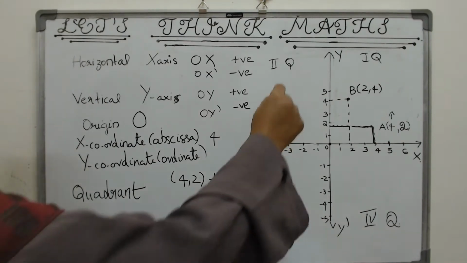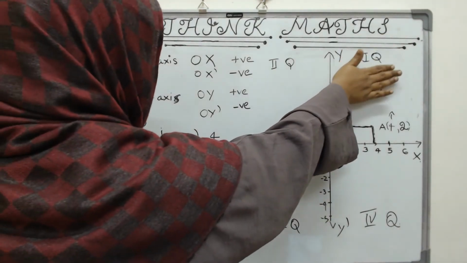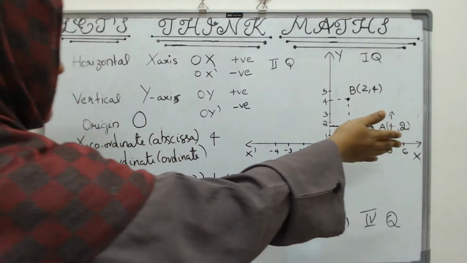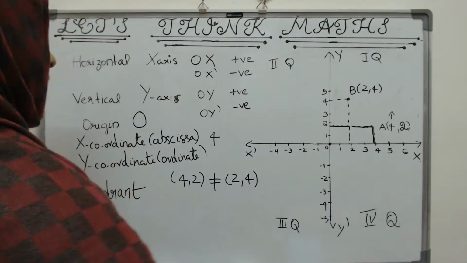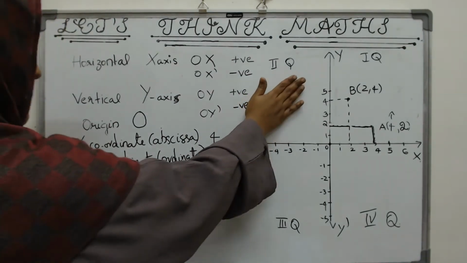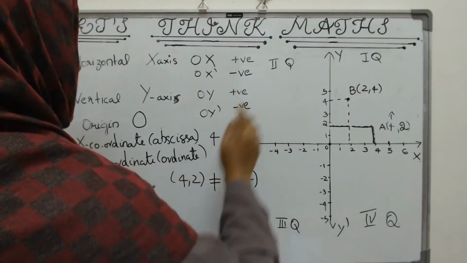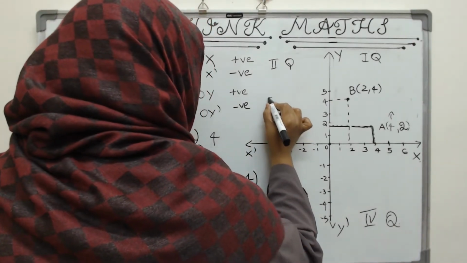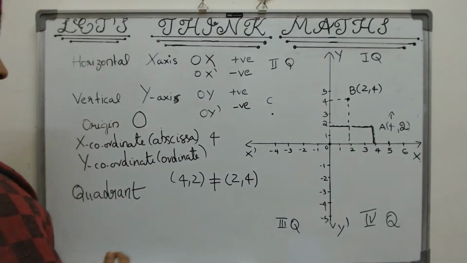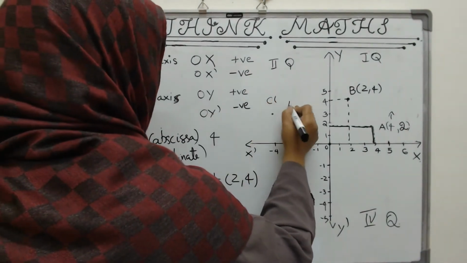Suppose the point that I have taken lies in the first quadrant. Then what does it mean? Both the ordinate and the abscissa will have positive sign. What about the second quadrant? Suppose I am taking a point in the second quadrant, say here. How will I get the abscissa?